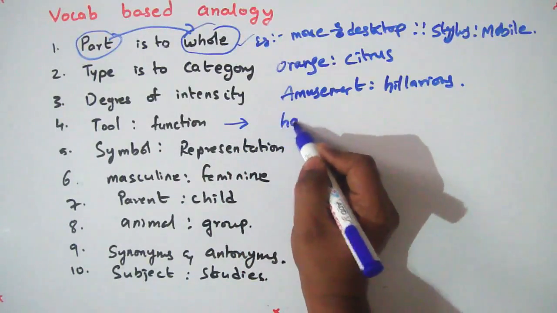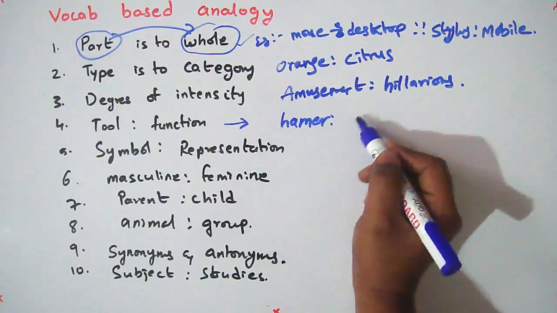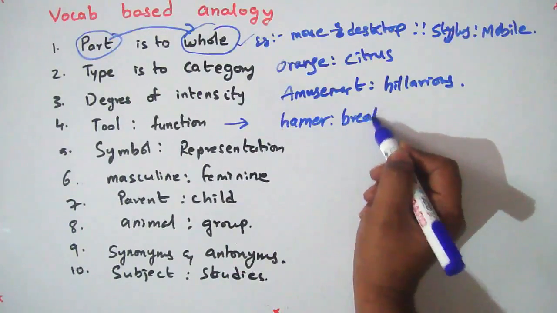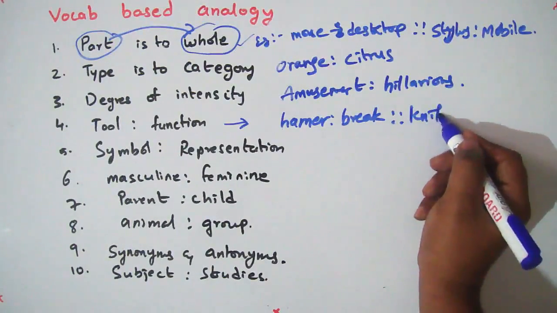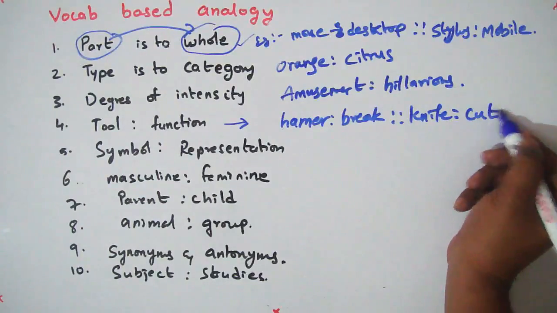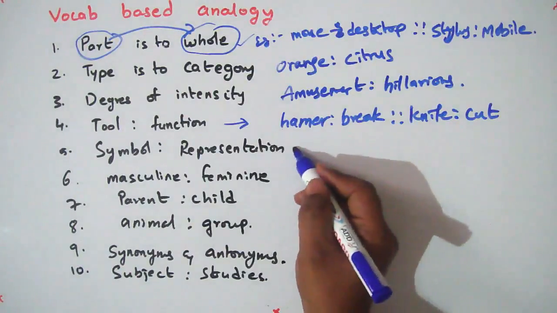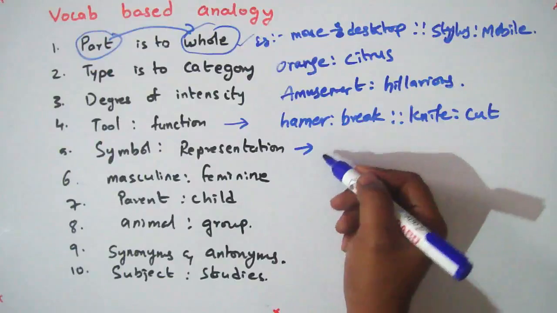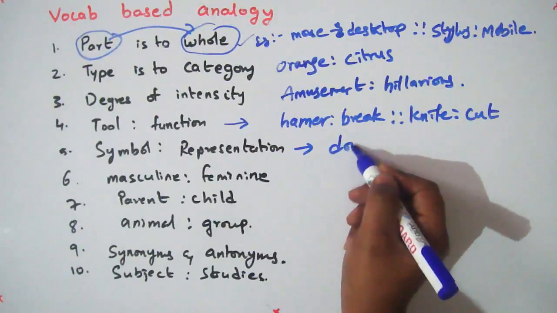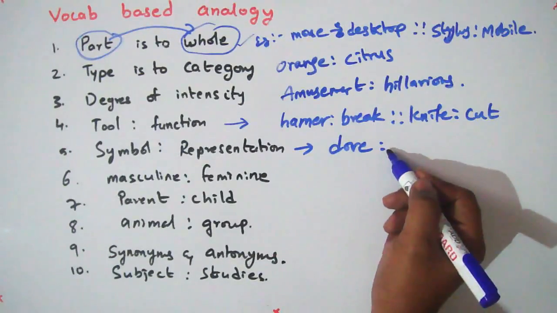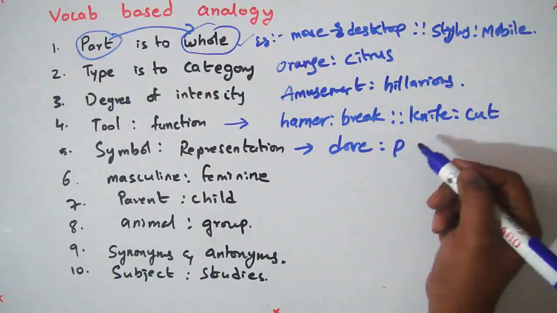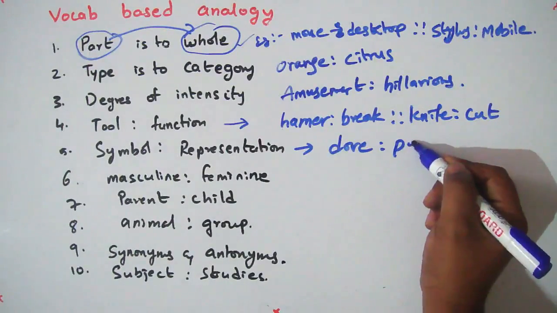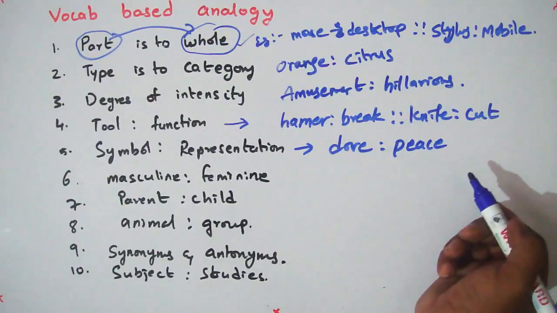If you take hammer, hammer is to break something. The same way, knife is to cut something. A symbol to representation, friends. If you take a symbol like dove, the international representation for dove is pigeon, kind of pigeon, and it is for peace, friends.